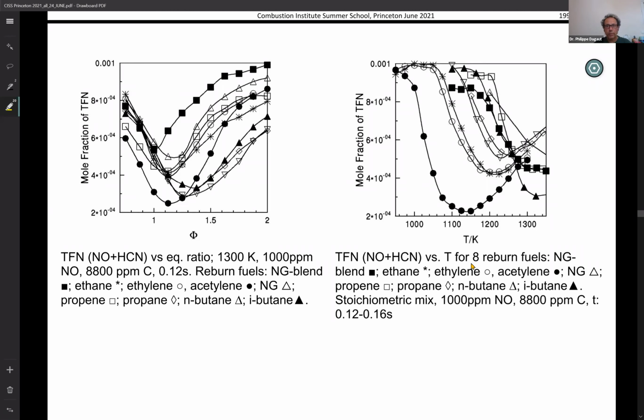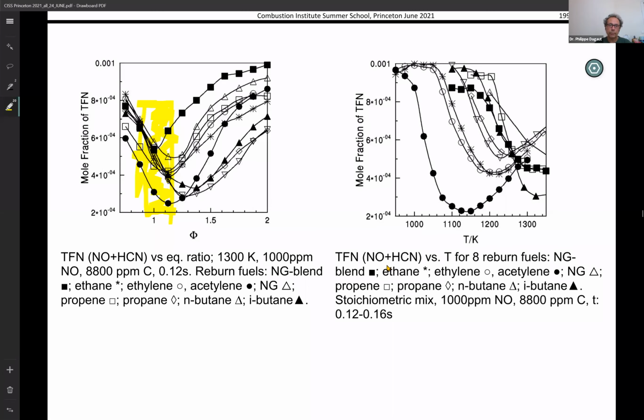But concerning the temperature at which you get high NO conversion, it can differ very much, and you must notice here that acetylene is extremely efficient to reduce NO. Why is that?